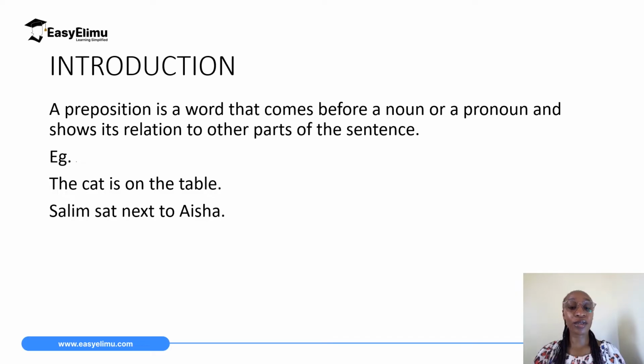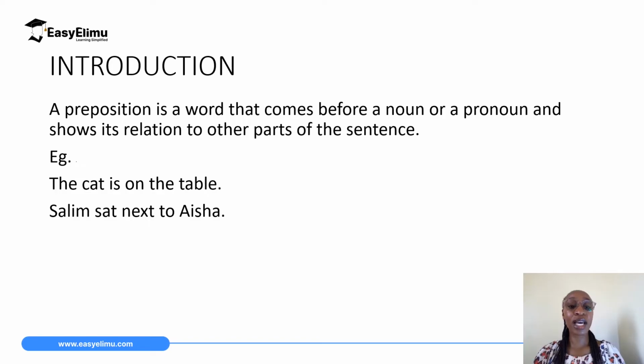So if you say the cat is under the table, the word under there is the preposition. It is showing us the position. Where is the cat? It is under the table.